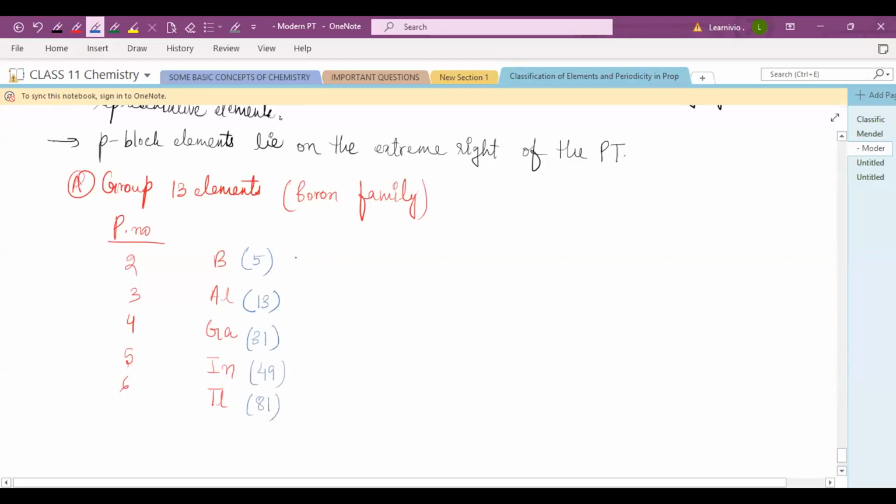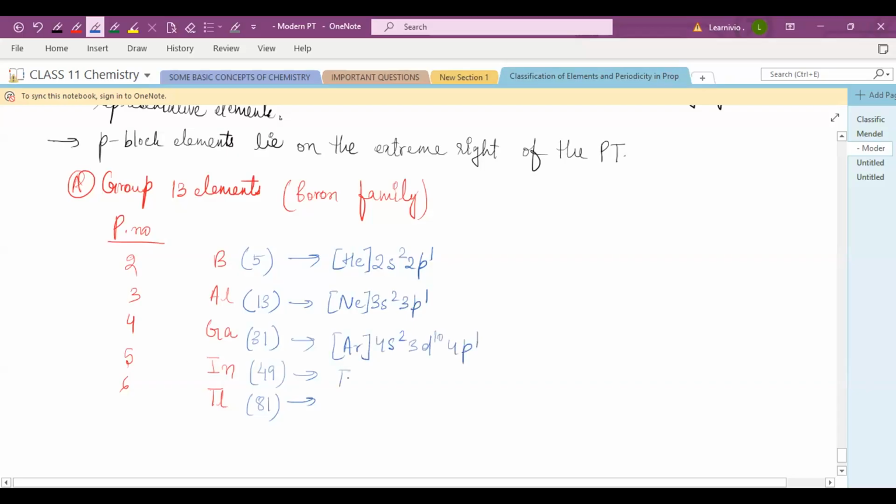Now try to write down the electronic configuration using the noble gas. For boron it's helium, 2s2, 2p1. For aluminium it's neon, 3s2, 3p1. For gallium, argon, 4s2, 3d10, 4p1.